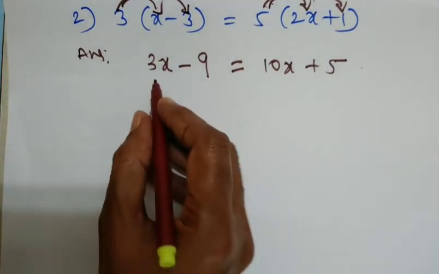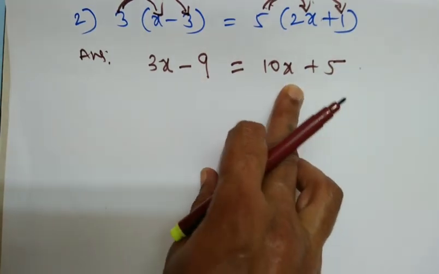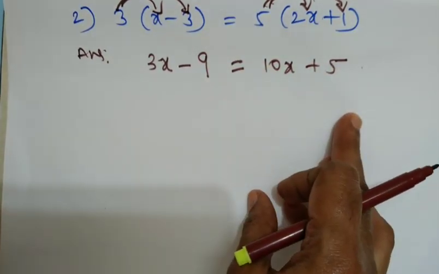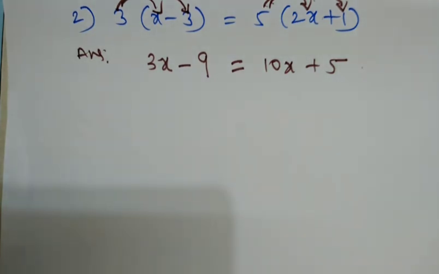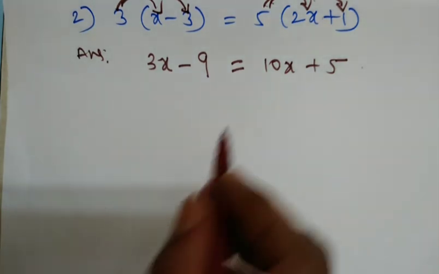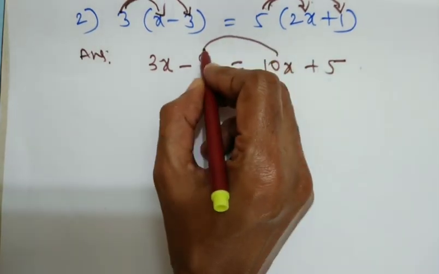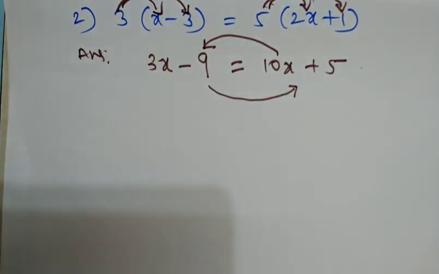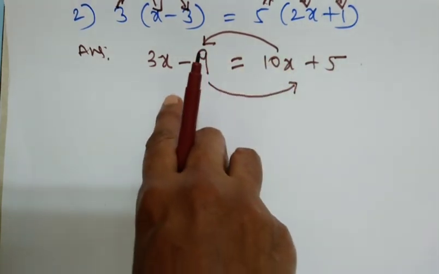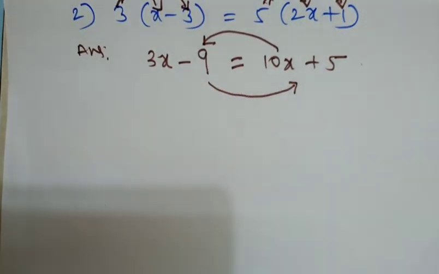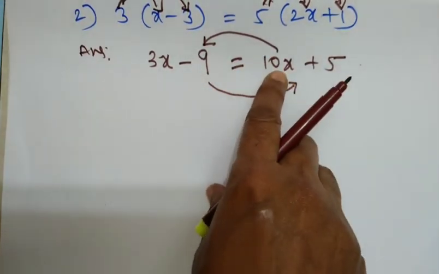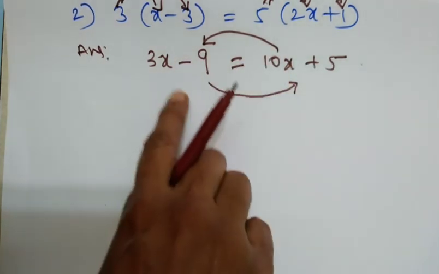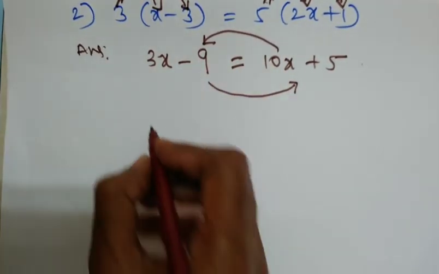Already I told you, always you have to take constant terms to right side and variables to left side. So we'll take plus 10x to left side and minus 9 to right side. If it changes its side, then plus 10x becomes minus 10x.